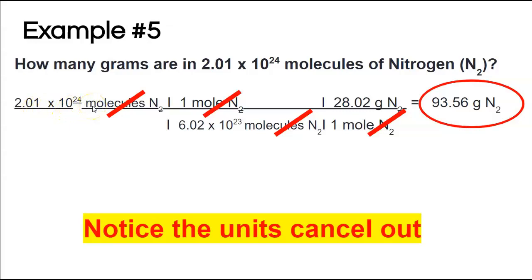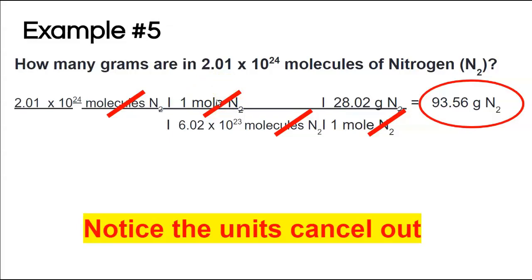I'm going to use my mole triangle, and I'm going to go from molecules to the mole. Because I need to cancel molecules, they must go to the bottom. 6.02 times 10 to the 23rd molecules are always in 1 mole. Molecules of nitrogen have canceled, and now I have moles of nitrogen. That's my first step.